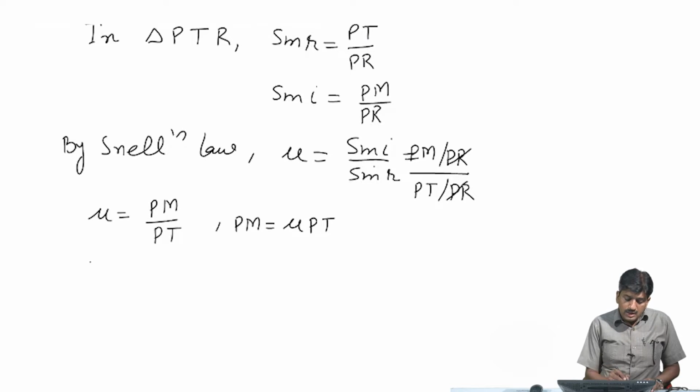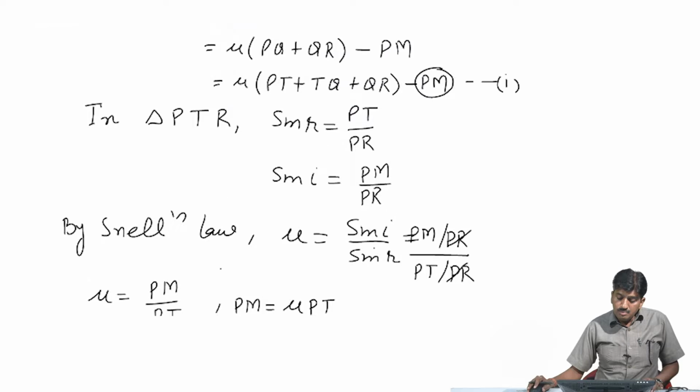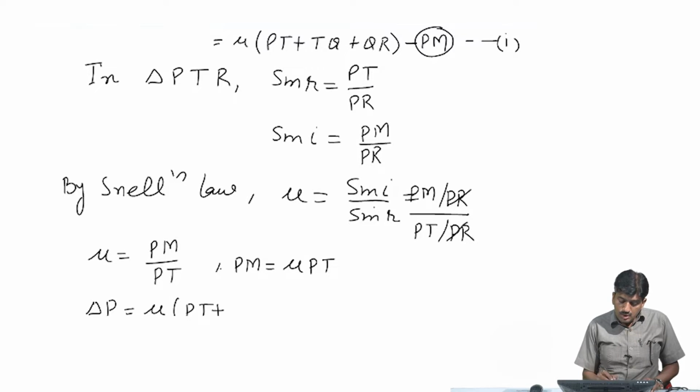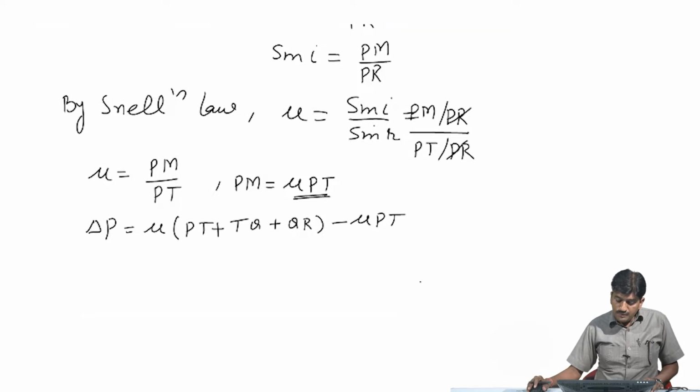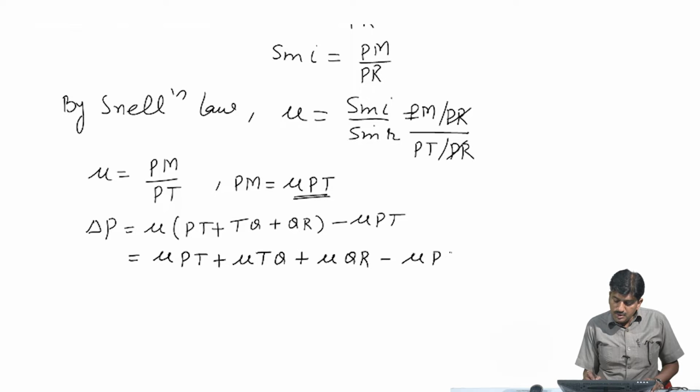Then delta P, the path difference, becomes mu into PT plus TQ plus QR minus PM, we can write mu PT plus mu TQ plus mu QR minus mu PT.